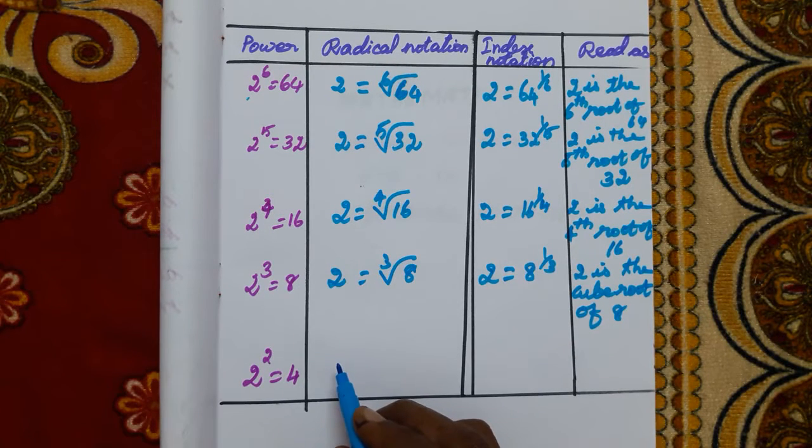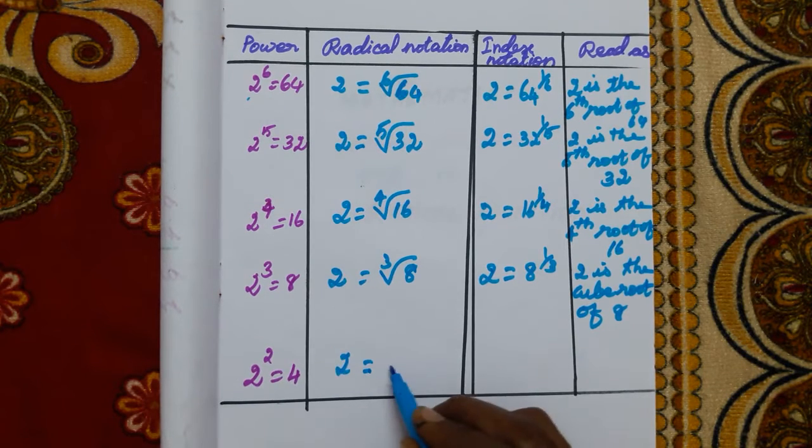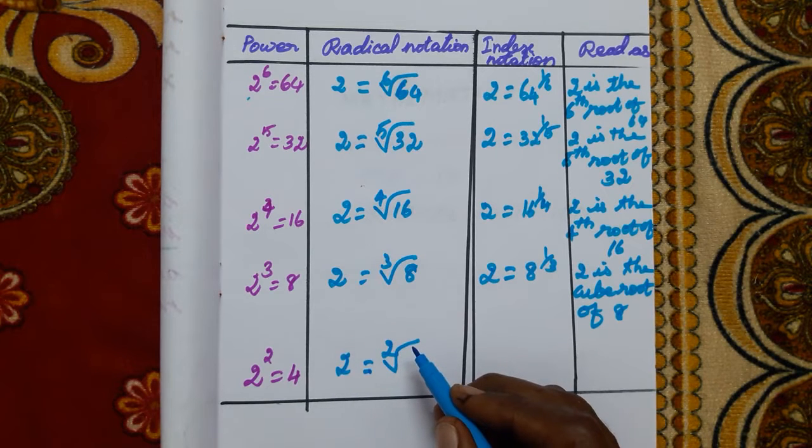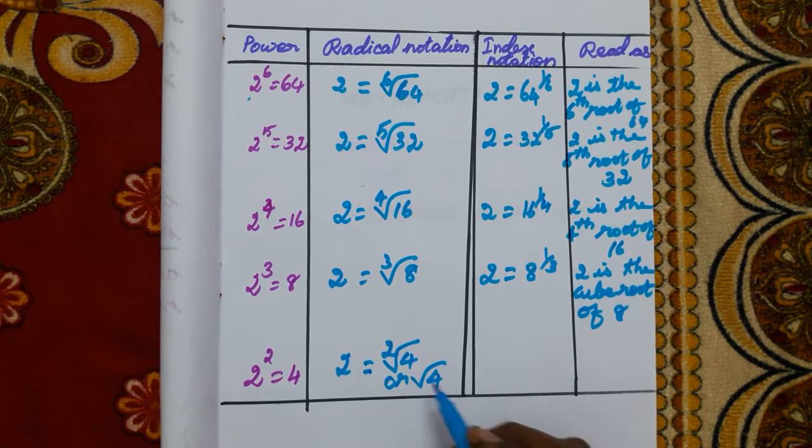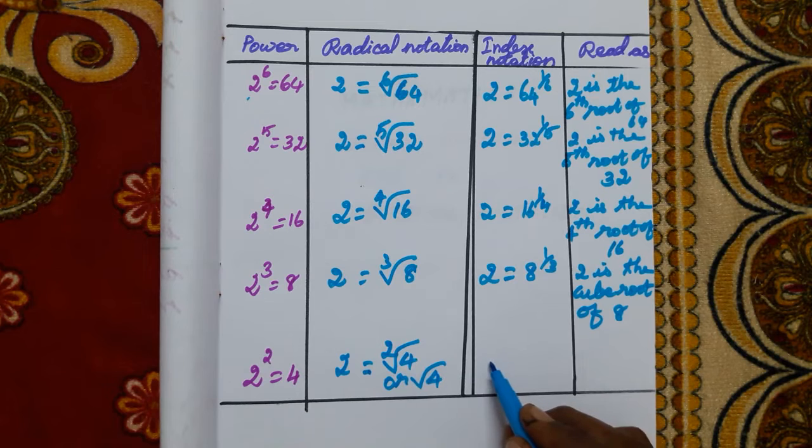Next, 2 square is equal to 4. How can we write it? 2 is equal to square root of 4. Here no number is given, which means the index is 2.